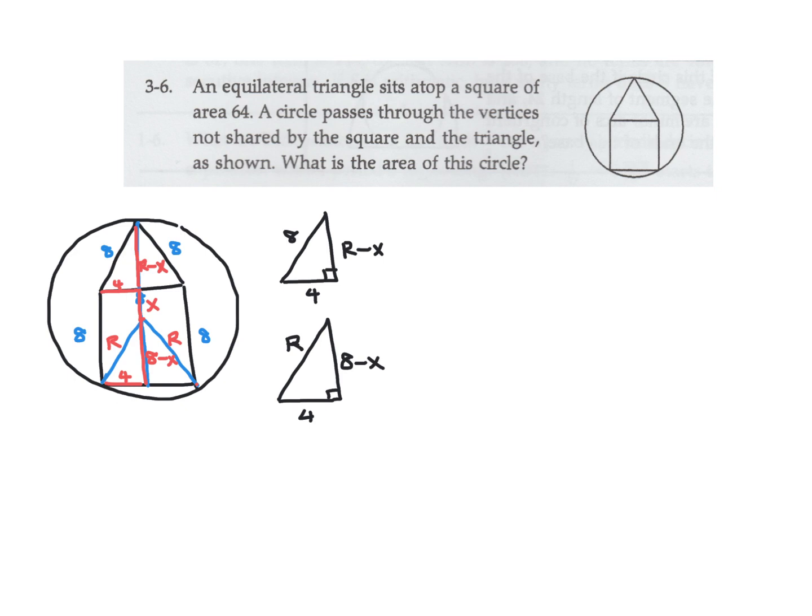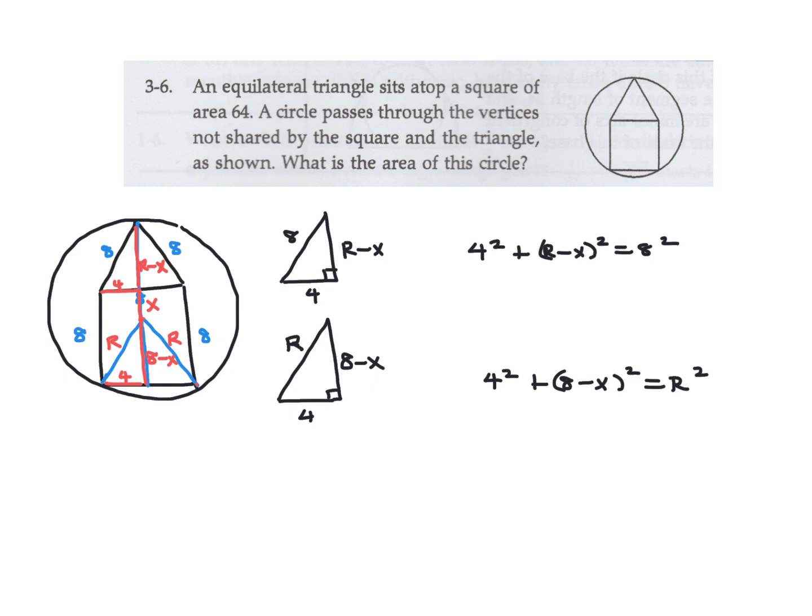So from the first one, we would get 4 squared plus R minus X squared would be 8 squared. And from the second one, you get 4 squared plus 8 minus X squared would be R squared.